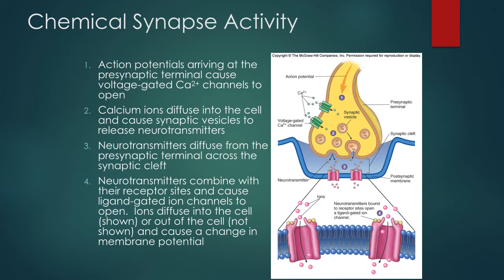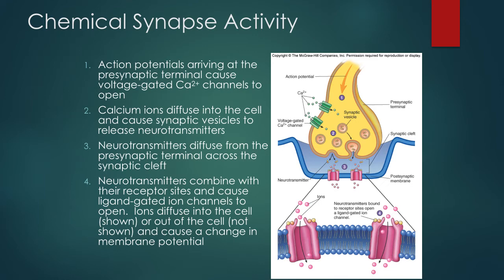That causes changes in the cytoskeleton of the presynaptic cell, and that causes the movement of those synaptic vesicles. Then some of them will fuse with the membrane of the cell, and that releases the neurotransmitter.